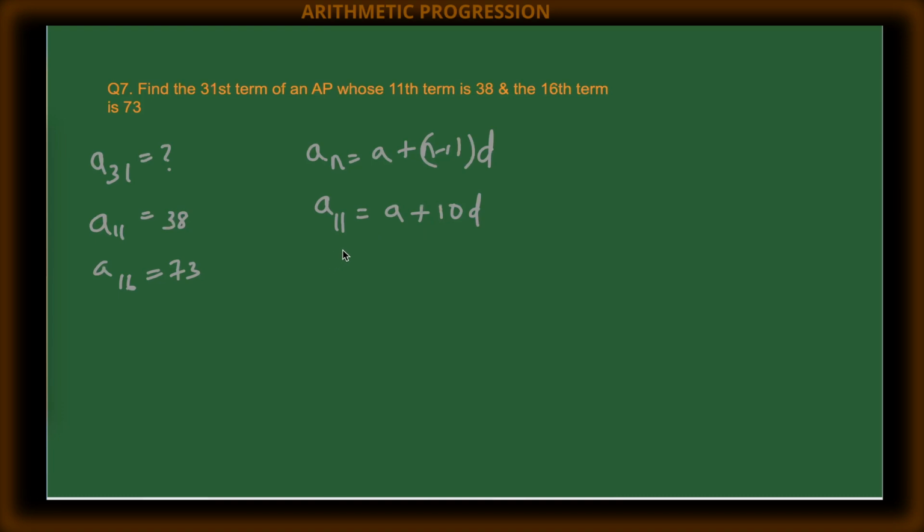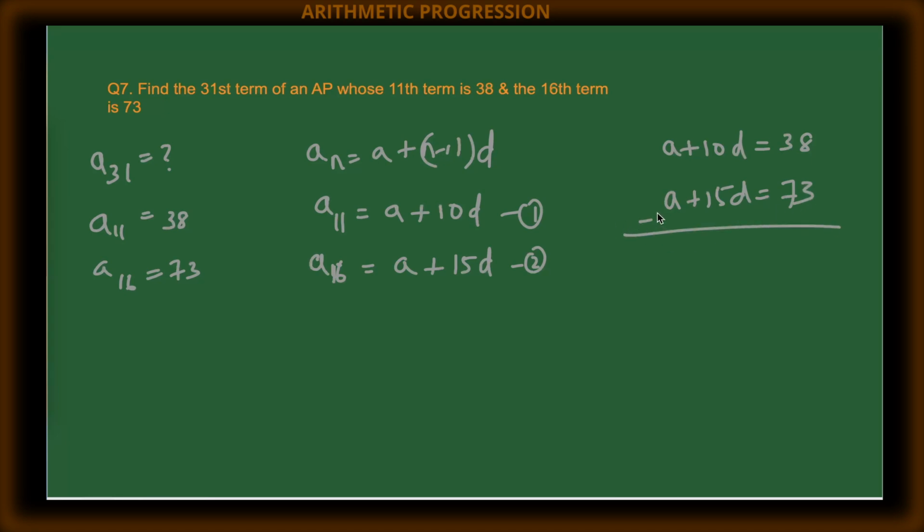Similarly a16 is a plus 15d. So this is our first expression and this is our second expression. Let's try to solve it. a plus 10d is equal to a11, which is given as 38. Now the second expression: a plus 15d is equal to a16, which is 73.